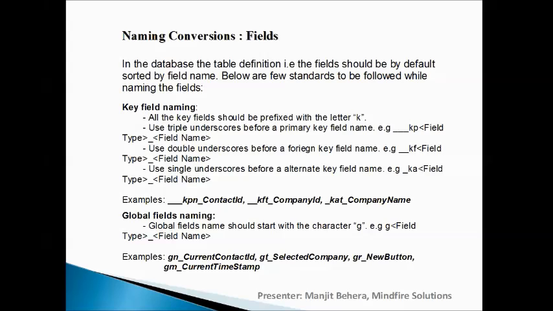G a new button is just a container field which shows you the new button. gm underscore current timestamp contains the current timestamp which is stored in global.